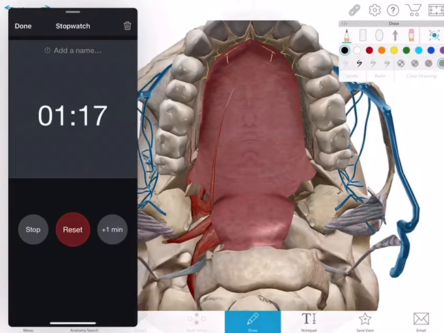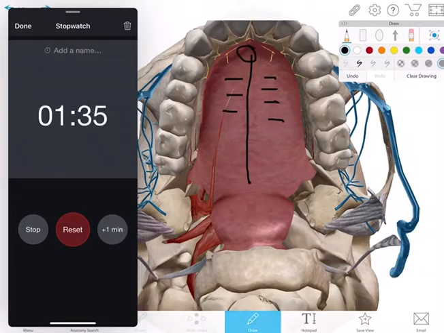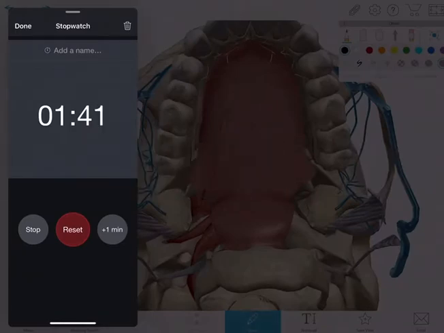We can see them like this. Also we can see the palatine raphe, which is a median longitudinal ridge here. Also we can see the incisive papilla here. So these are the anatomical landmarks that we can see in the hard palate.